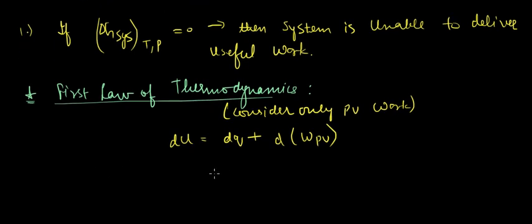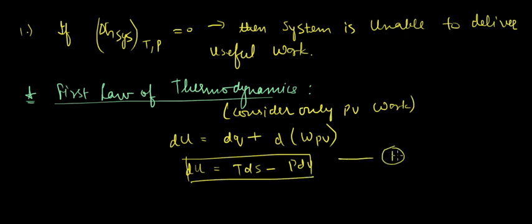And for a reversible process we can write that dU would be equal to TdS minus PdV. Let's mark it equation number 1. So this is for a reversible process.